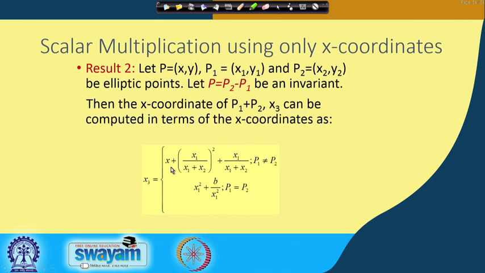Now, once we have this equation, we can go to the next result, which tells you that, remember that x comma y is the point P, then you can also write the addition x3 only in terms of x1, x2 and x. You now note that x is predetermined, is already known, and therefore the entire computation is devoid of any y coordinates.